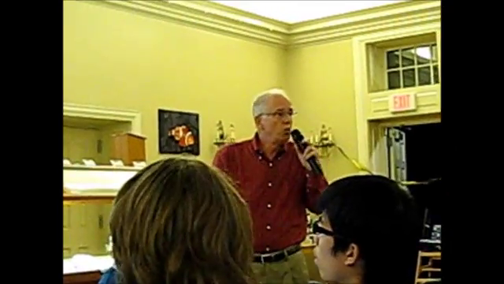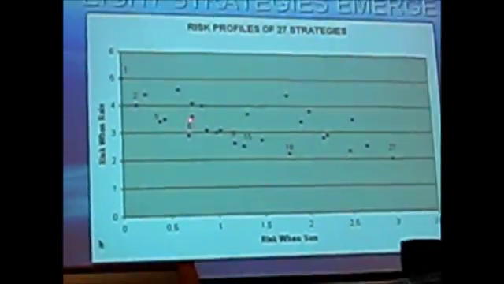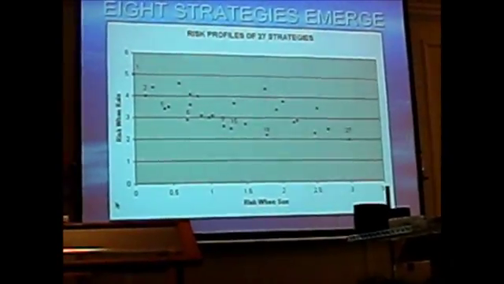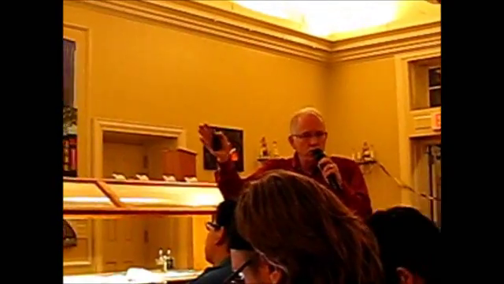So no matter what, you would never use this strategy versus any strategy down here. Is this all right? Pretty clear? So it's a way to sort through these 27 strategies and throw some away because you would never use them.